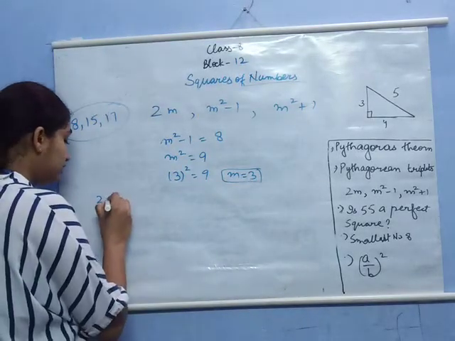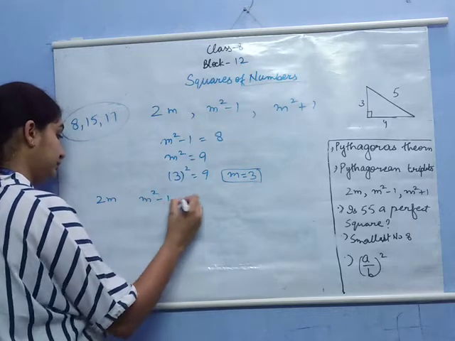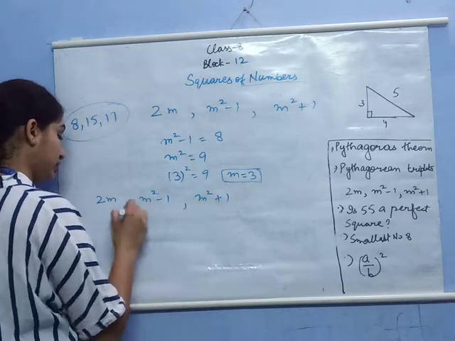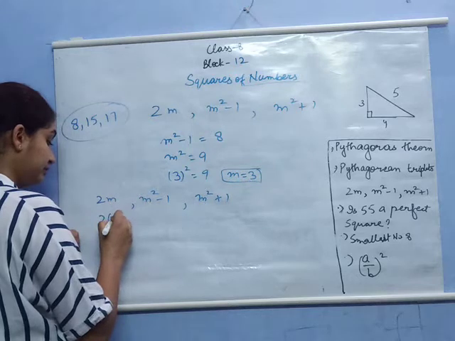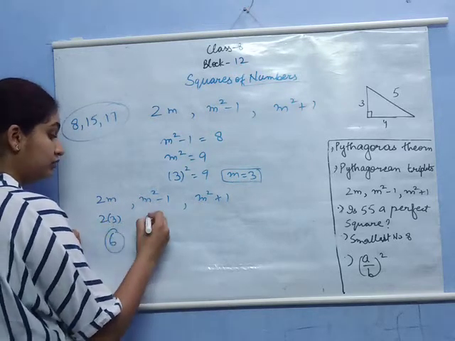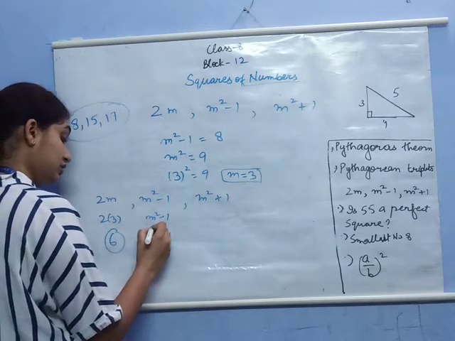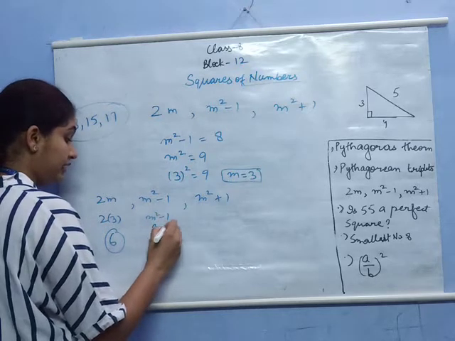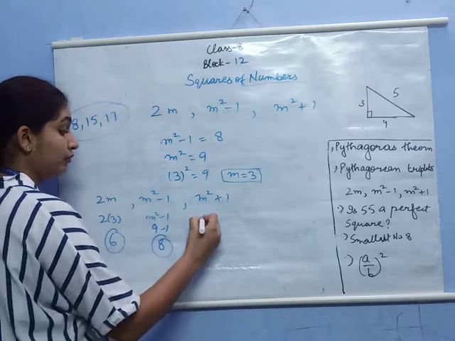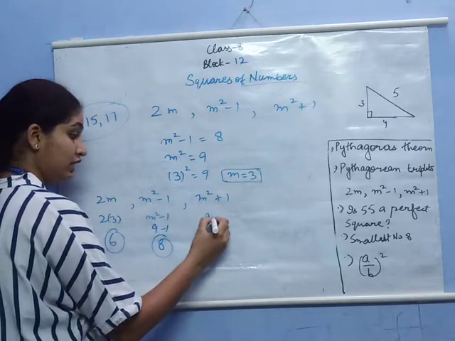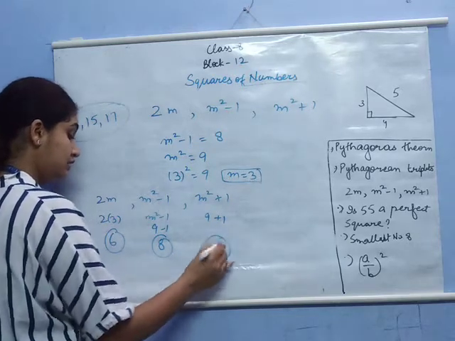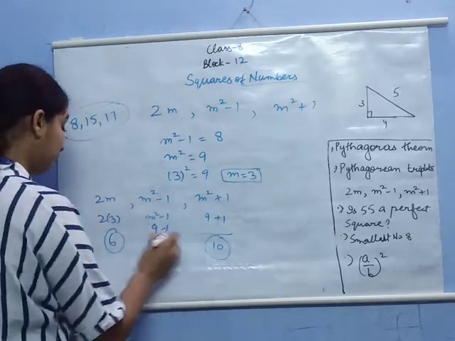The Pythagorean triplet I am writing: m is equal to 3. 6 is the one number. 3 squared, 9 minus 1, 8 is another number. And 9 plus 1, 10. See, this is also forming the same Pythagorean triplet.